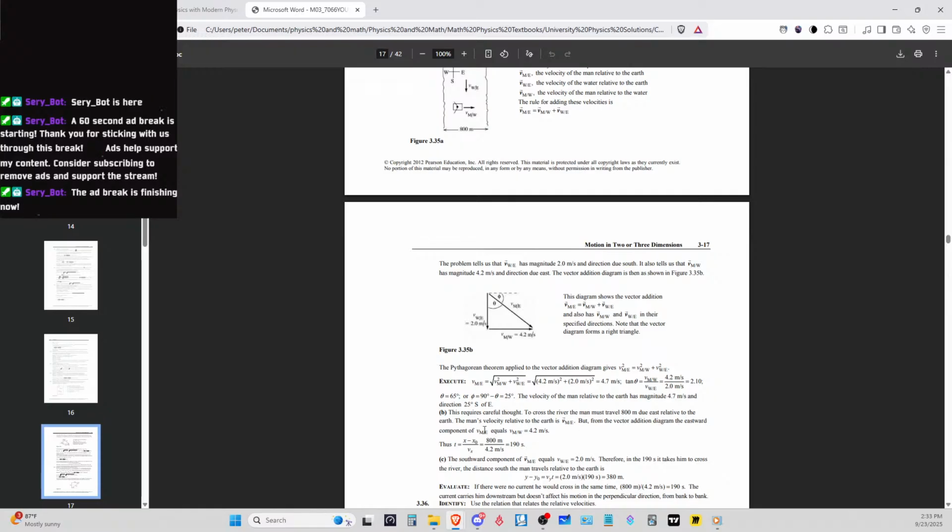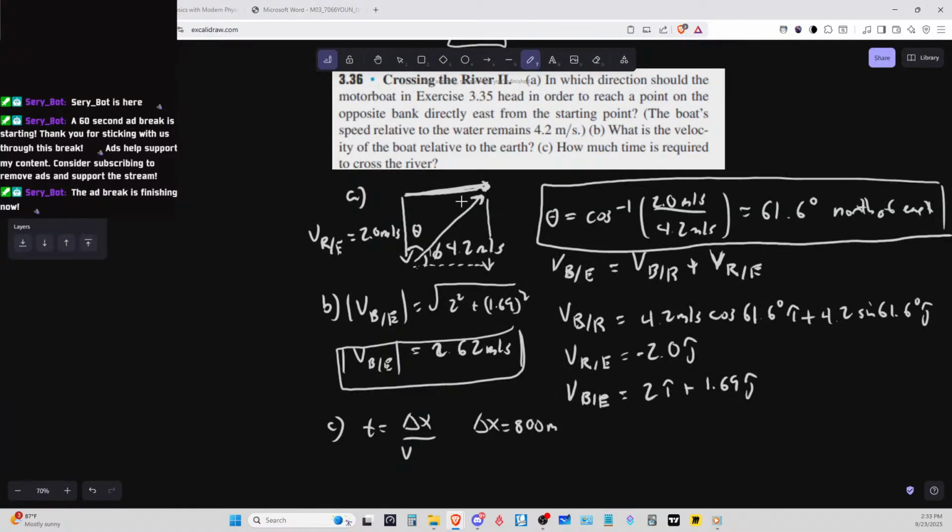Addition diagram of the east component is equal to this. So in this case, we probably have to divide by 2, I think, because 2 is the x component in this one.